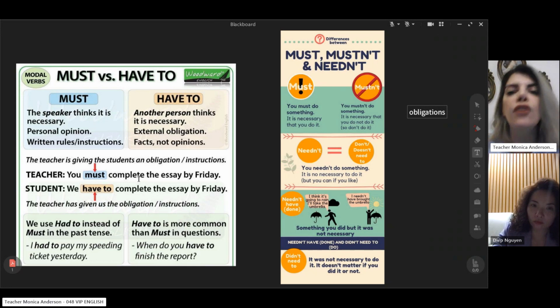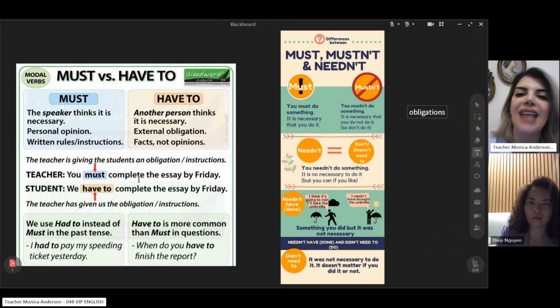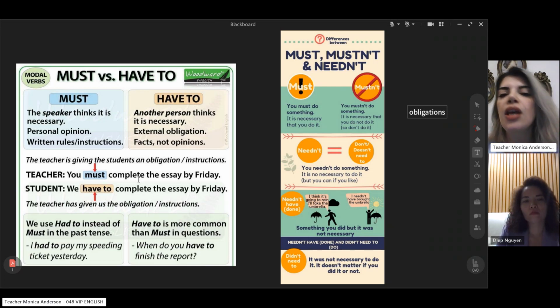Of course, for negative you can use both mustn't and don't have to, but there are some differences between must, mustn't, don't have to, and of course we have needn't. So let's learn them. We learned positive or affirmative forms of must and have to. Now negative. As I told you, must is used when you want to express that something is necessary.